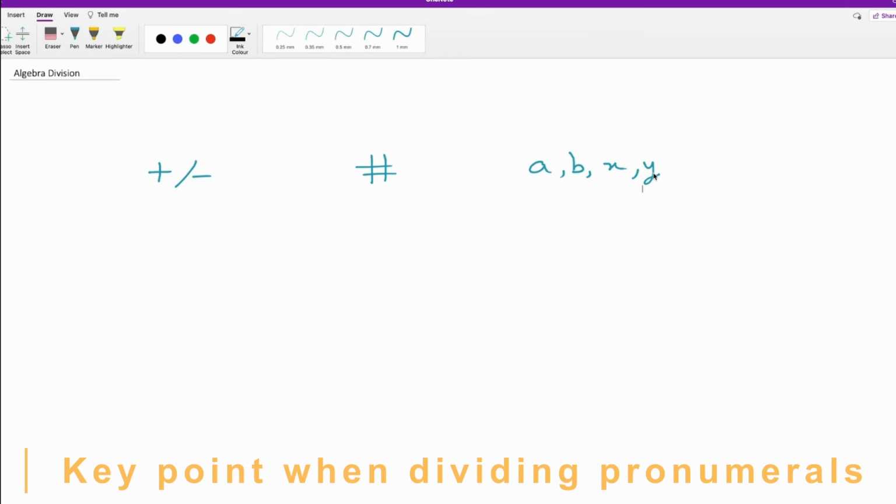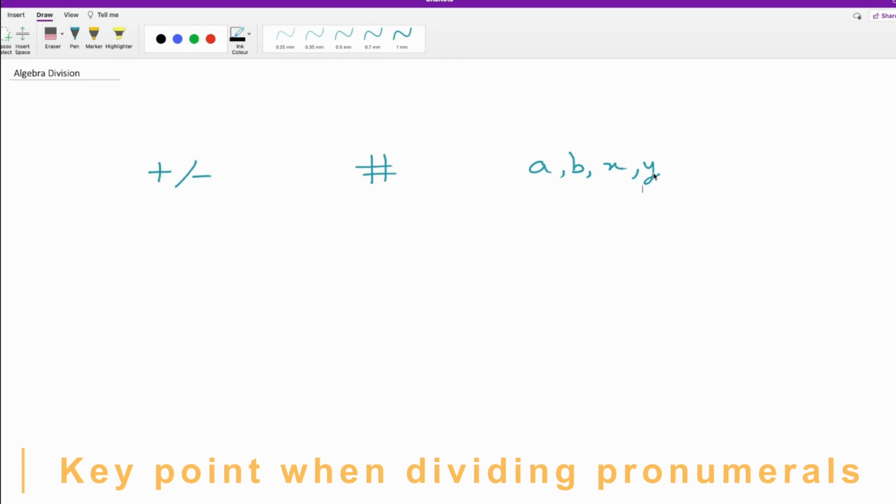Finally, whenever you are dividing and there is the interplay of powers, especially when you're dealing with your pronumerals, wherever the larger power is, that's what's going to remain, and you are cancelling out the smaller power, and you're taking away the number of that smaller power away from the larger power.